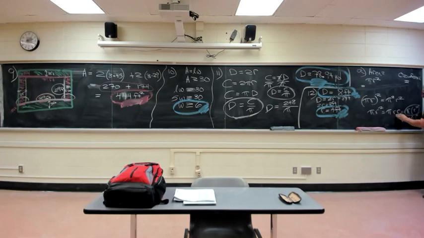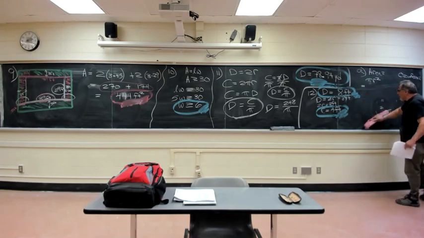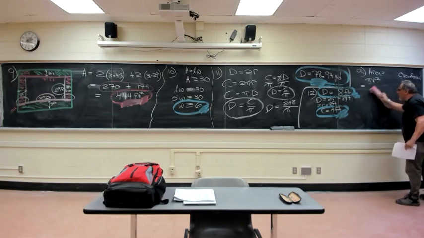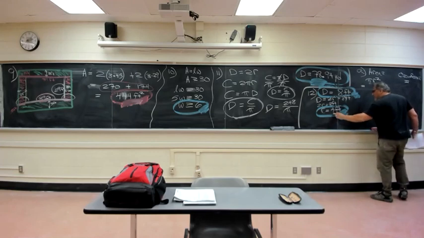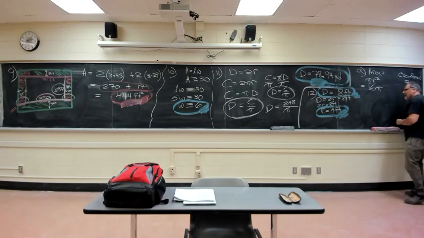So it's pi times r times r. Pi times r squared. R is 4. If you square 4, it's 16. It's 16 pi feet squared for that.